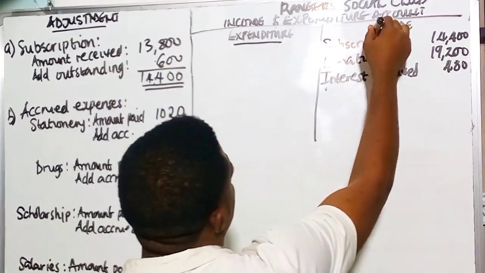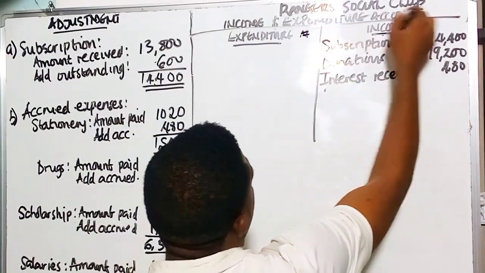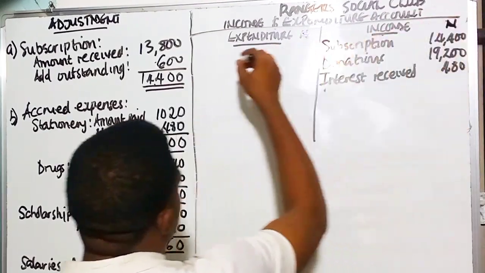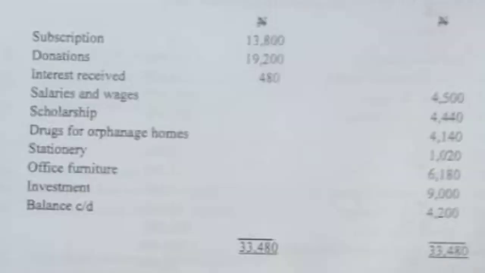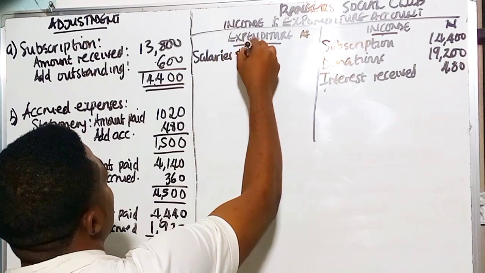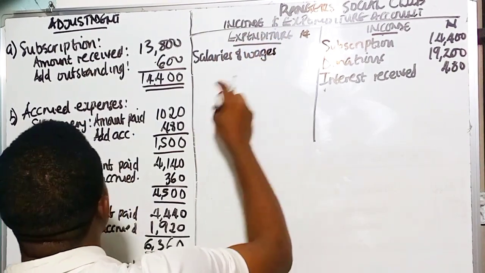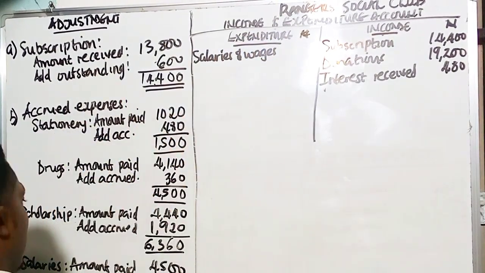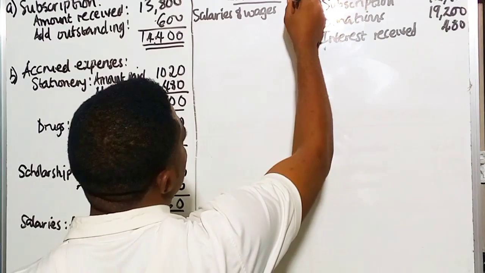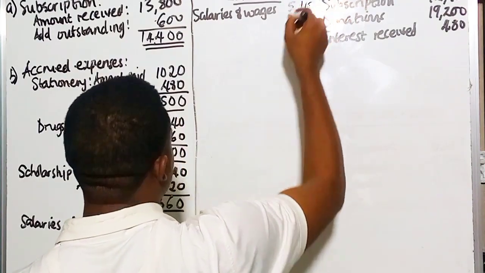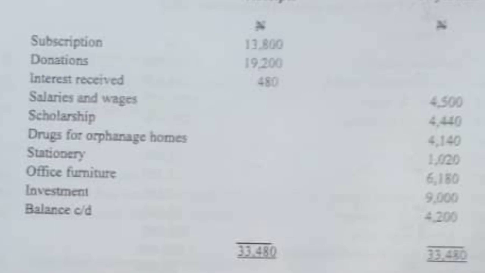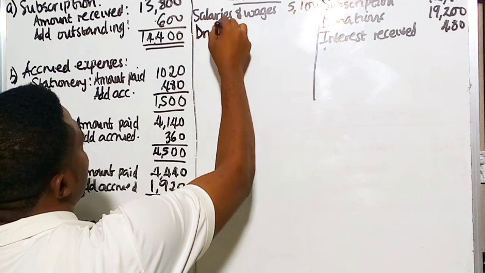So we'll have our salaries and wages. How much is it? We did an adjustment. It is 5,100. So the next one, we have drugs.